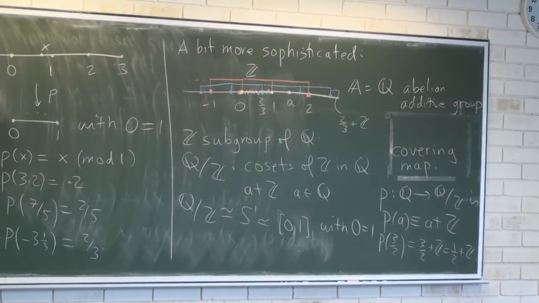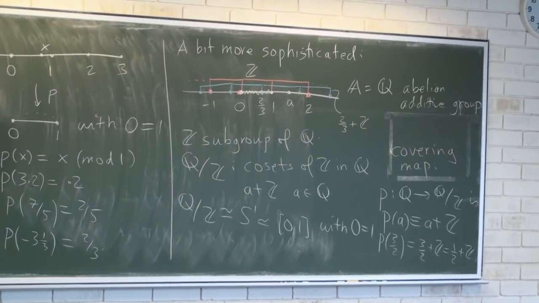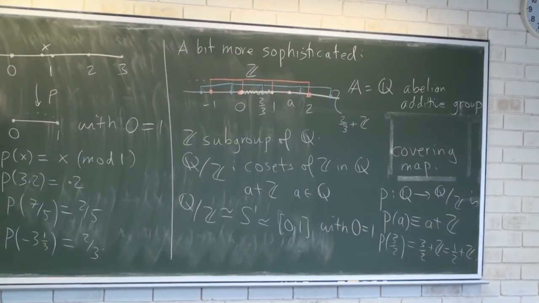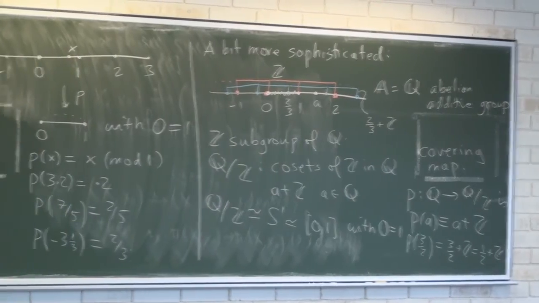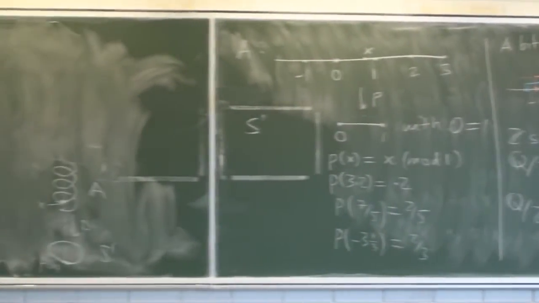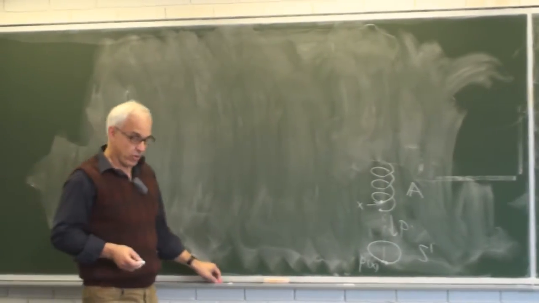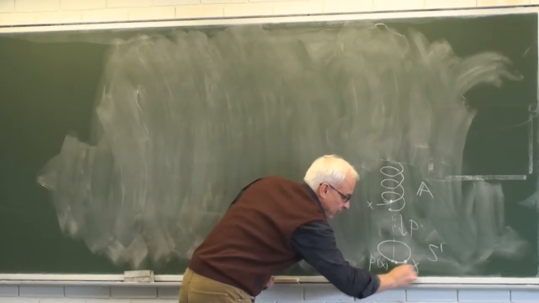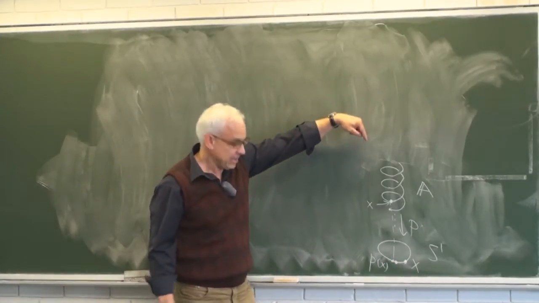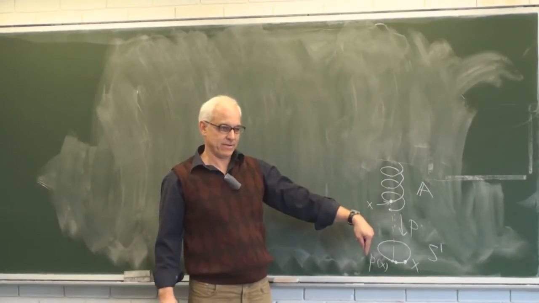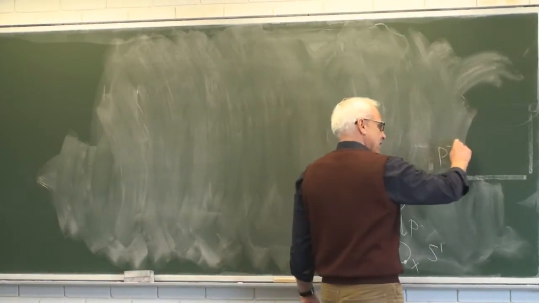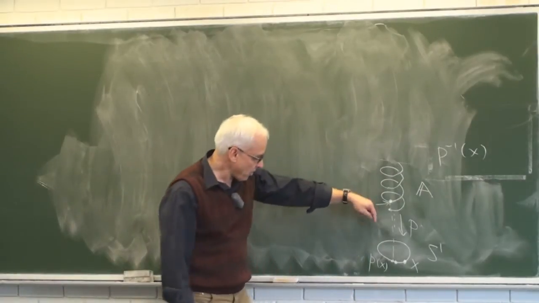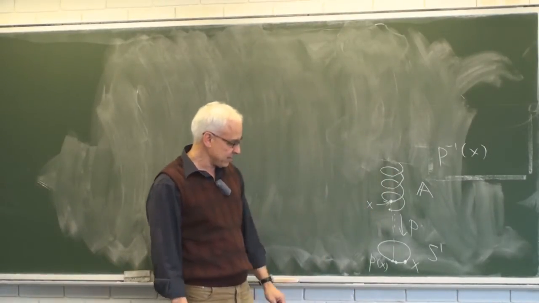All right, so now it's time to tell you what exactly a covering space is. What is it about this map that makes it a covering map and not just any old map? So the interesting property that this function has is the following. If we take any point in the base, say x, and we look at the inverse image of x, P inverse of x, that's all the things up here that get sent to x.